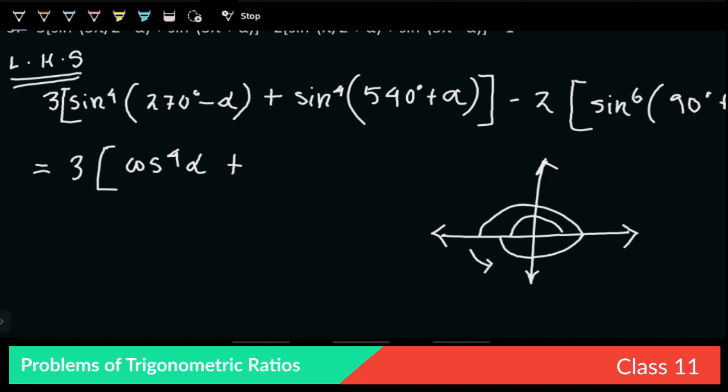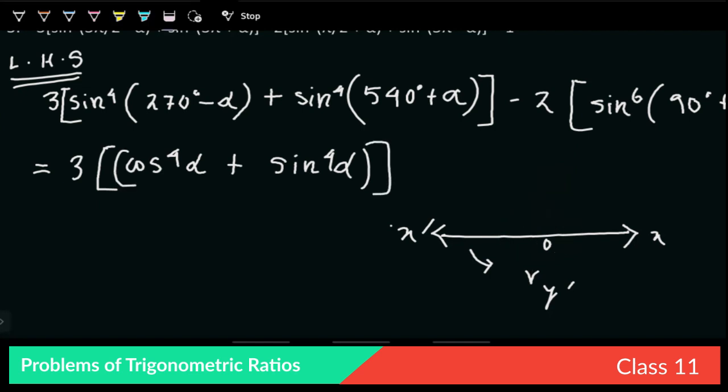It is associated with this horizontal line, that means the x prime line, so sine will remain sine, and it will be minus sine theta, but here it is sine to the power 4, so it will be only sine to the power 4 alpha. Okay, we will write like this. Now I am rubbing this.